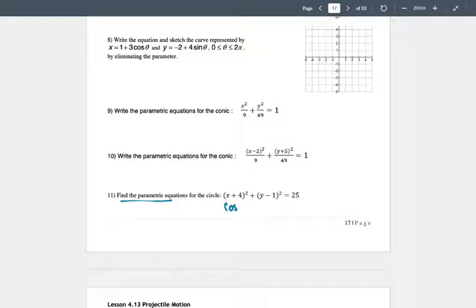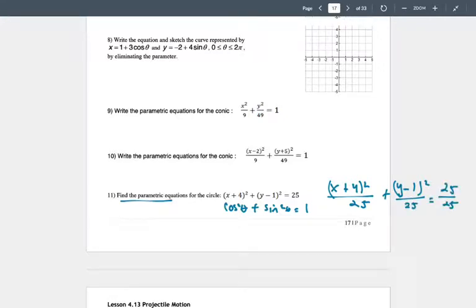This is our cosine squared theta, and this is our sine squared theta, equals 25. But we need it to equal 1. So we're going to rewrite this as x plus 4 squared over 25 plus y minus 1 squared over 25 equals 25 over 25.